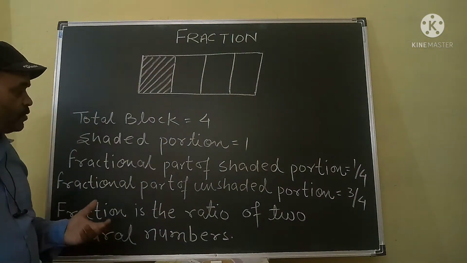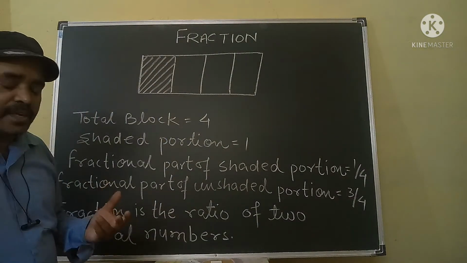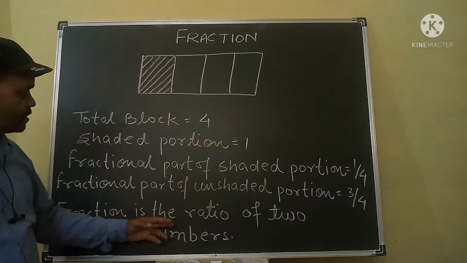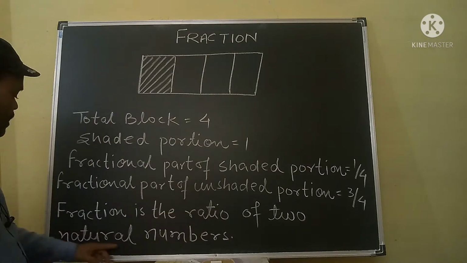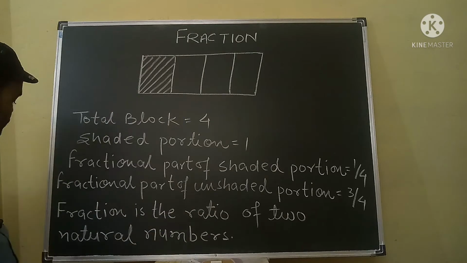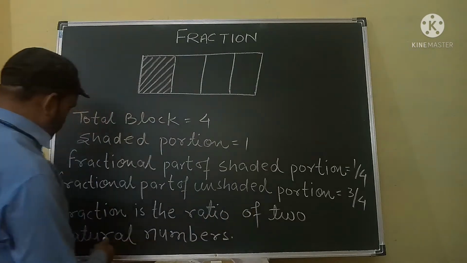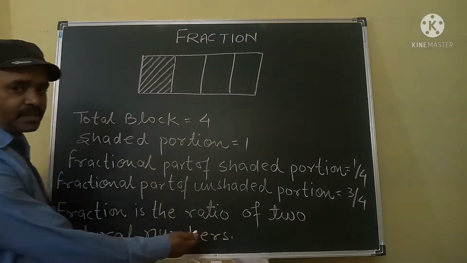So what is the definition of fraction? Fraction is the ratio of two natural numbers.